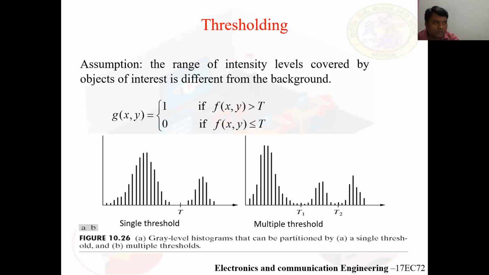Based on this, thresholding methods are classified as global thresholding, where T depends on f(x,y), the intensity value of the pixel at location x,y; and local thresholding, where T depends on f(x,y) and p(x,y), pixel intensity along with the neighborhood of pixels.